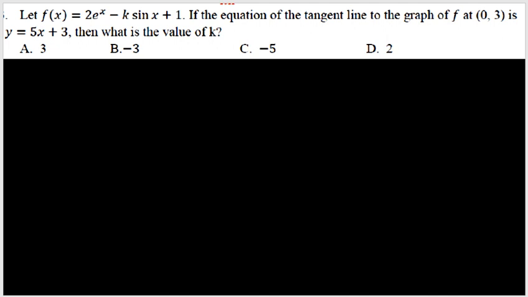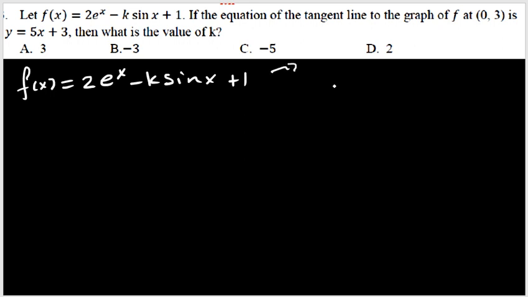The next question, we have a function f of x, which is 2e to the power of x minus k sine x plus 1. And this function has a tangent line equation already given. Y is equal to 5x plus 3. The equation of the tangent line for this function is y equal to 5x plus 3 at 0, 3.